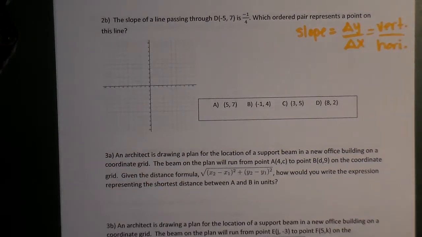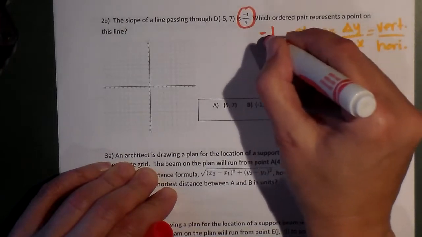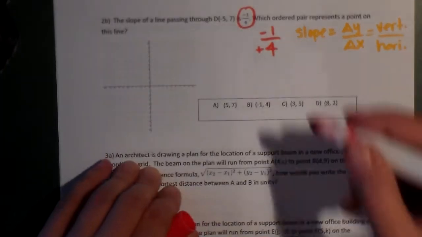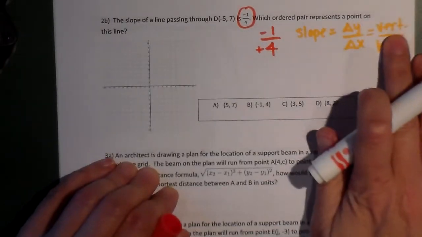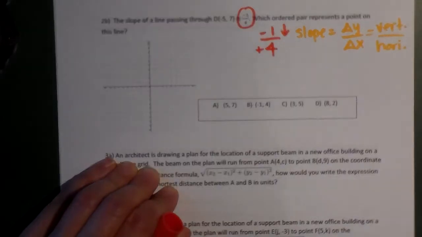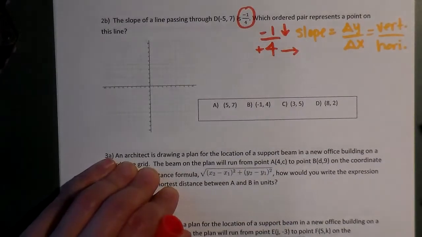So my slope is -1 over 4. The -1, since this is vertical, means I'm not going to be going up, I'm going to go down. That's a vertical drop. The +4 means I'm still going to go to the right.